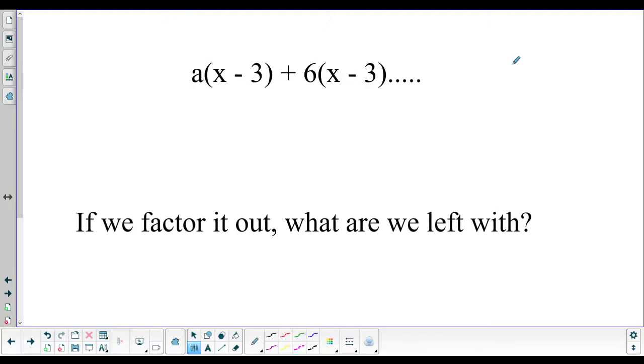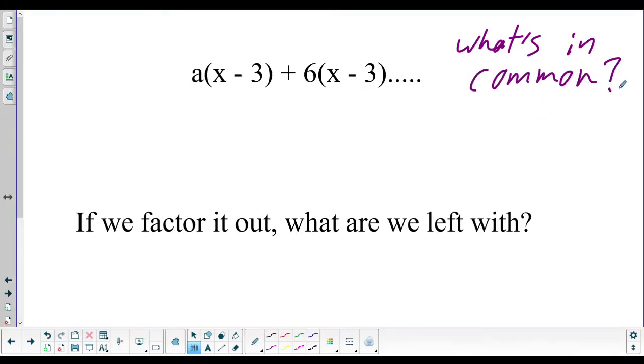So, when we're doing GCF factoring, we ask ourselves, what's in common? I tried to talk and write at the same time, and I can't do it. If we look at these two terms, we have a(x minus 3) plus 6(x minus 3).